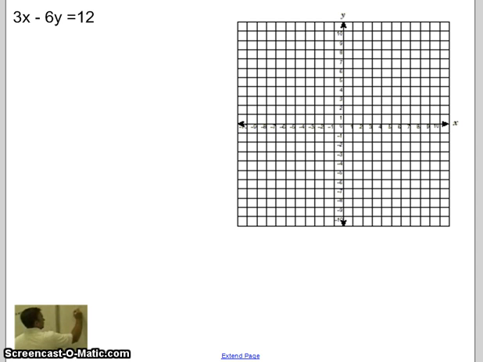Let's try one through the whole entire process. We've got 3x - 6y = 12. First we're going to find the x-intercept, so we plug in 0 for y.